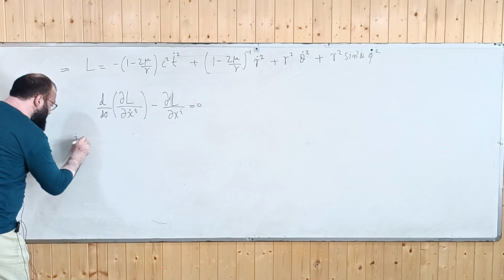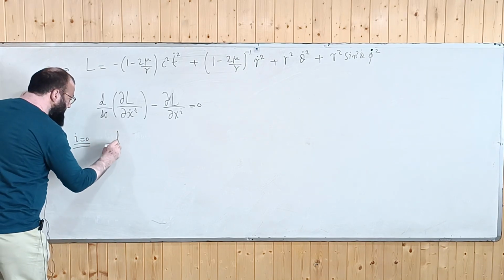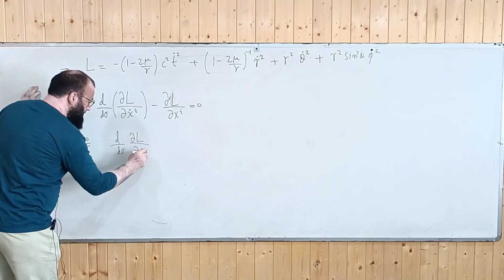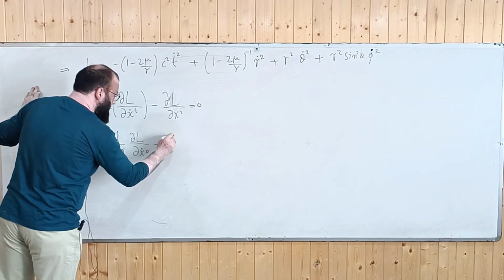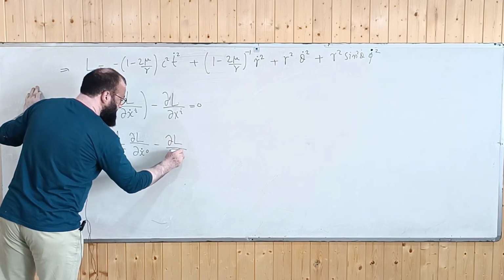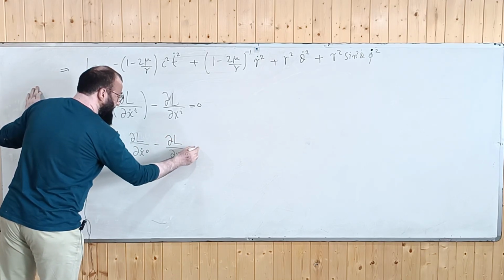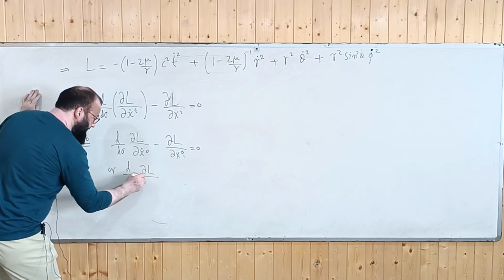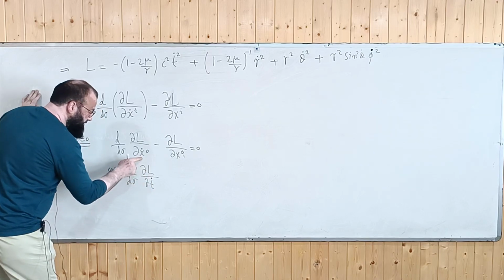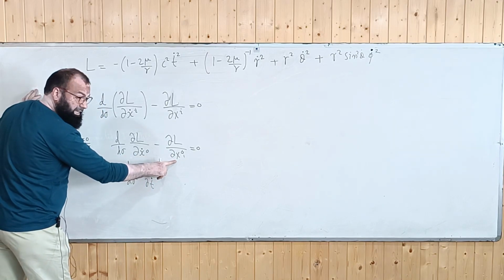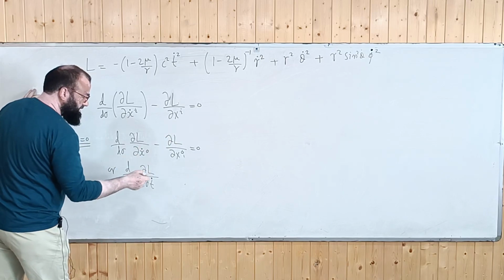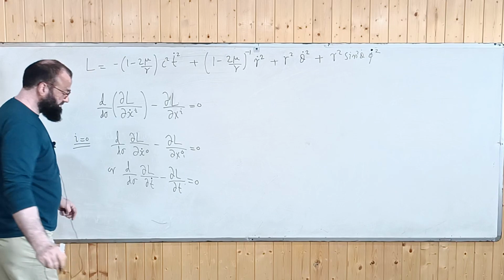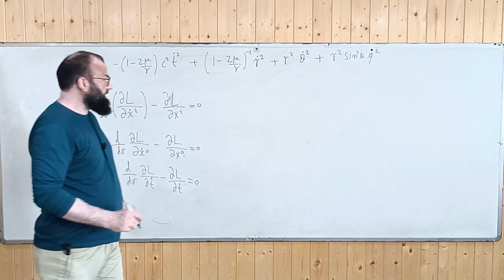So now let's take i equal to 0. So that is d by d sigma of partial L by partial x dot 0 minus partial L by partial x 0, equal to 0. In other words, d by d sigma of partial L by partial t dot, it will be c t dot. This is c t here. c you can take out, so it will be simply partial t equal to 0. Clear?